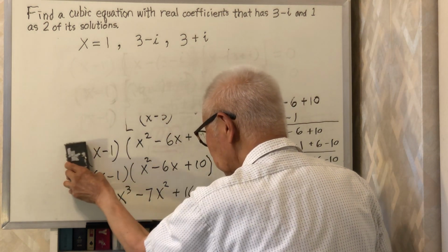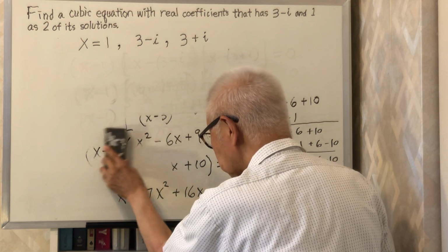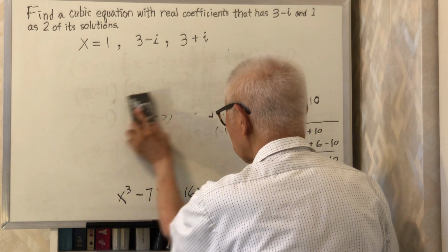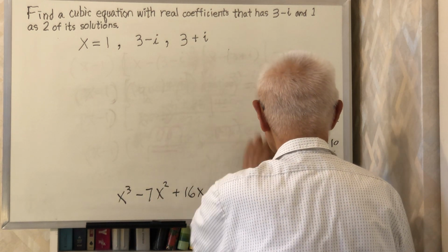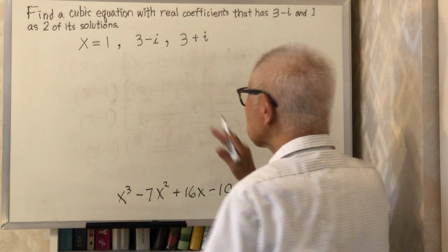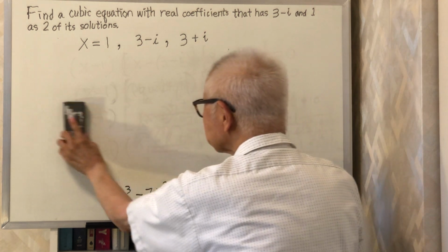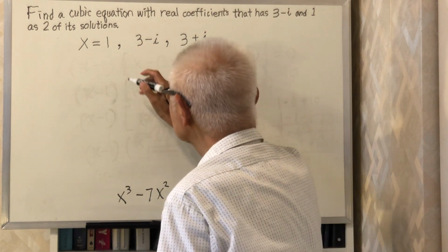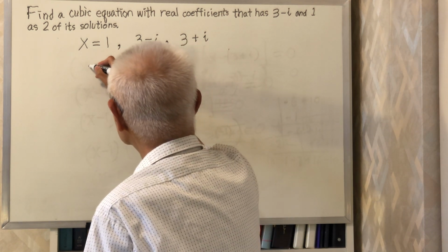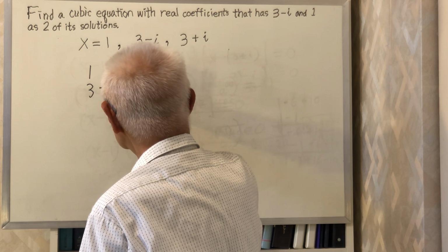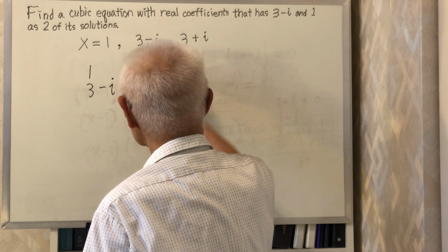Let me leave the answer there so that we can compare the other method with what we already have. So what is the other method? I add the three answers. 1, 3 minus i, 3 plus i.